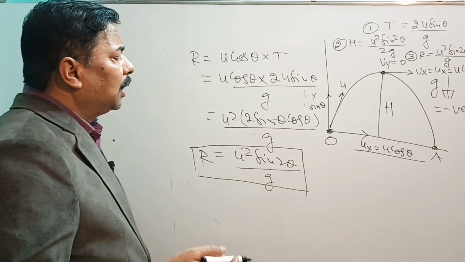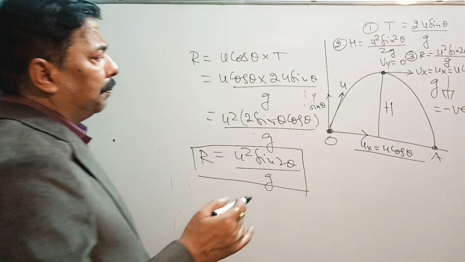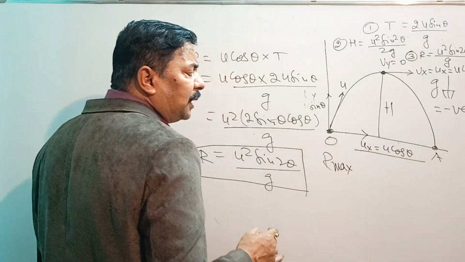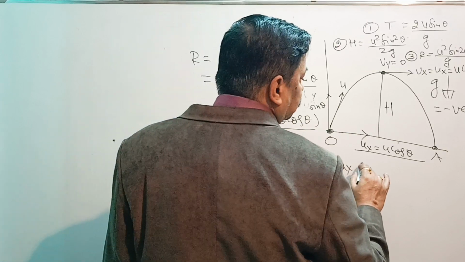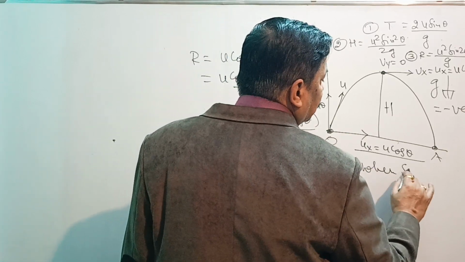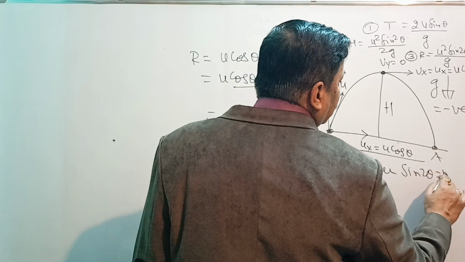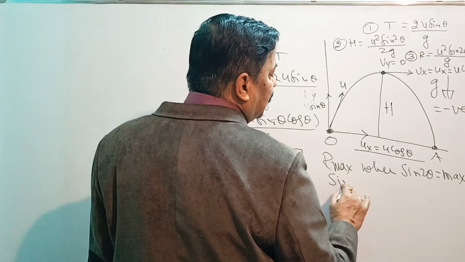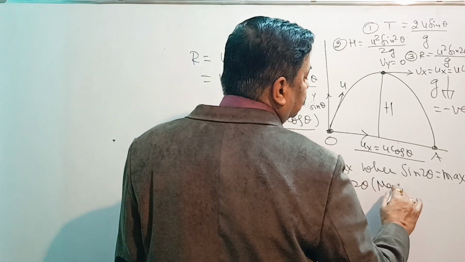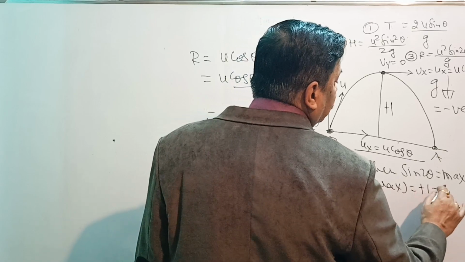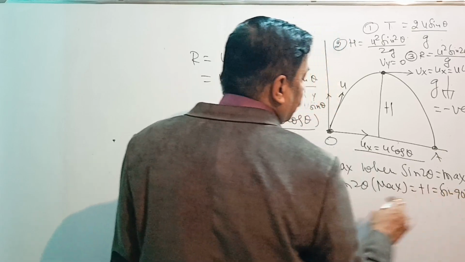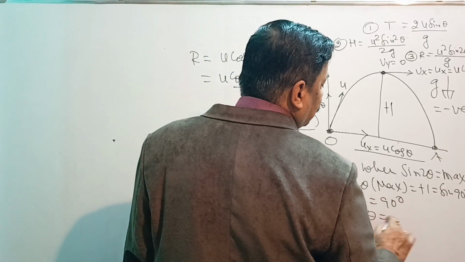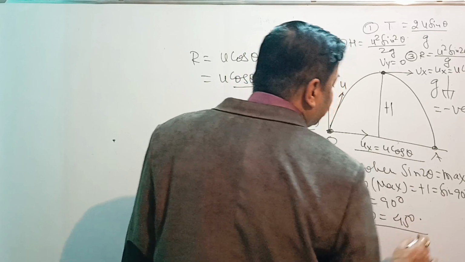If we talk about R maximum, horizontal range will be maximum when sine 2 theta is maximum. And what is the maximum value of sine 2 theta? Sine 2 theta maximum is equal to plus 1. That is sine 90 degree. So 2 theta is equal to 90 degree. Theta is equal to 45 degree. What we can say?